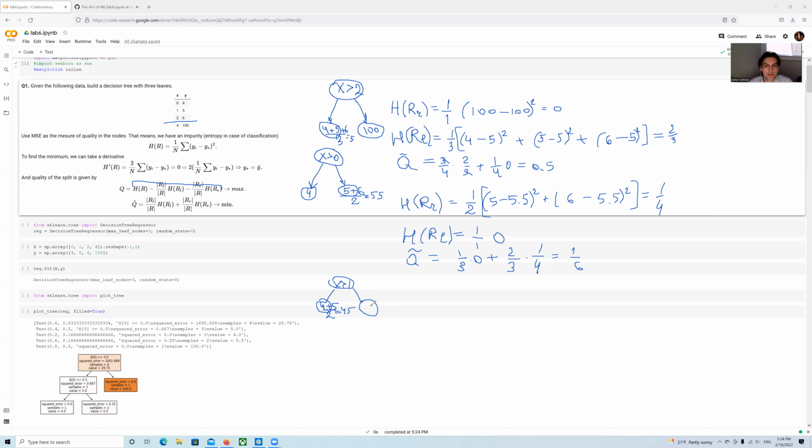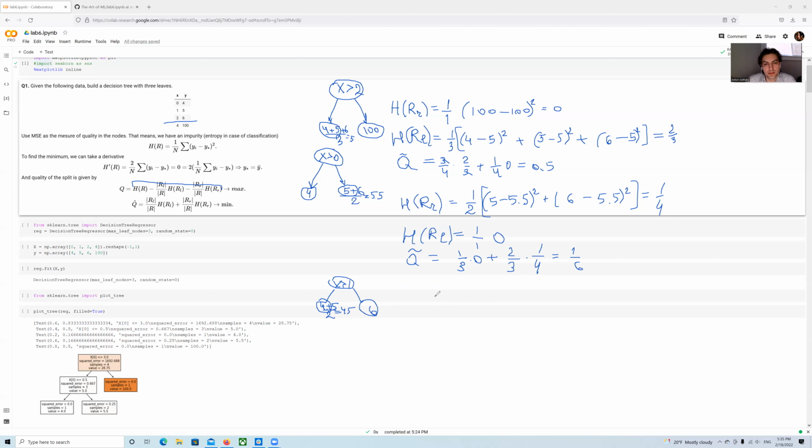Here we have 6. And if we calculate the impurity, it will be exactly the same number, because 4 minus 4.5 is negative 1/2, and 5 minus 4.5 is also 1/2.